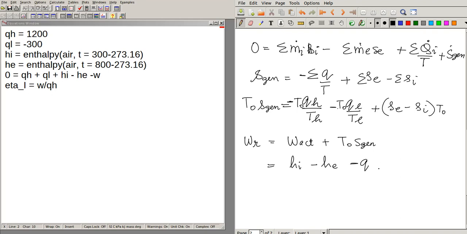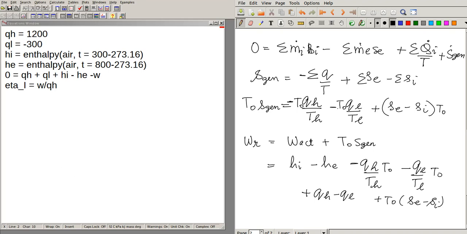So minus QH by TH multiplied by T0 minus QL by TL divided by T0 plus QH minus QL plus T0 Se minus Si.